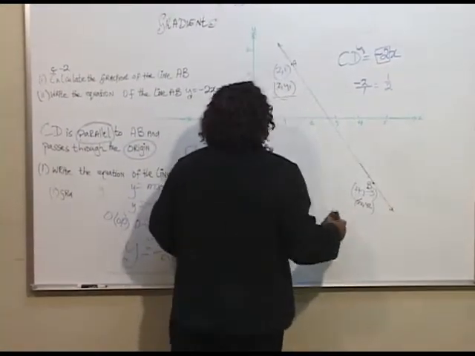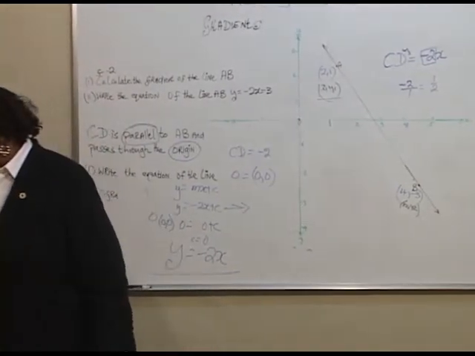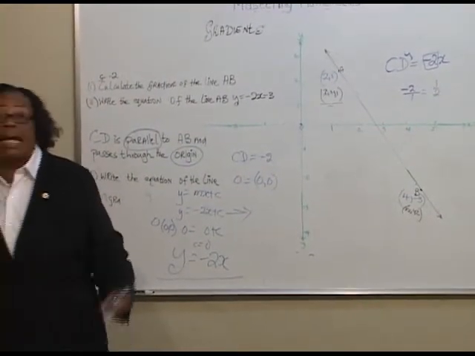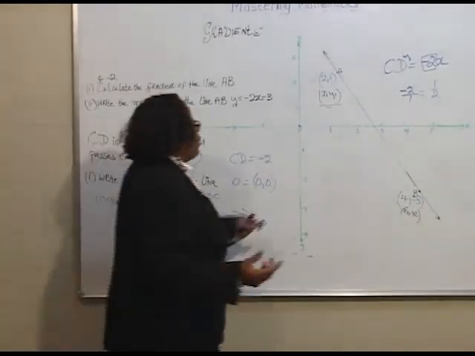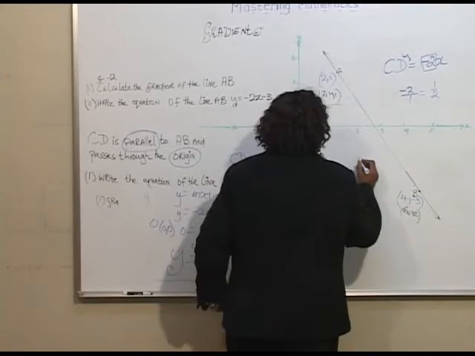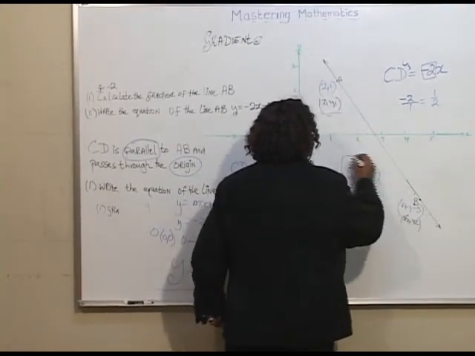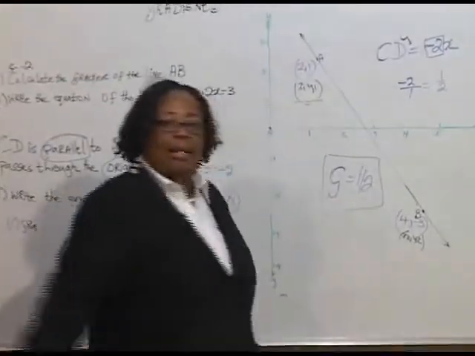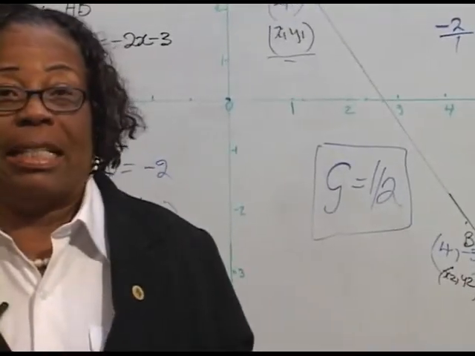So we are on our way, because the question asked us to calculate the gradient of a line, and that is all. So the gradient of the line which is perpendicular to CD is equal to a half. And that's the answer. And that was the question from CXC.